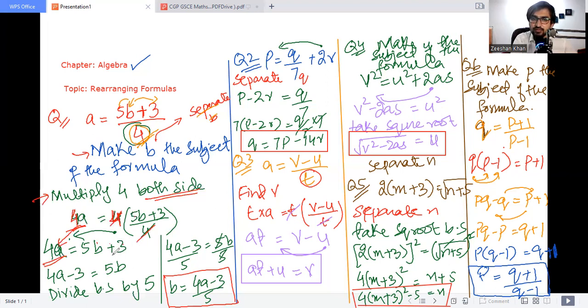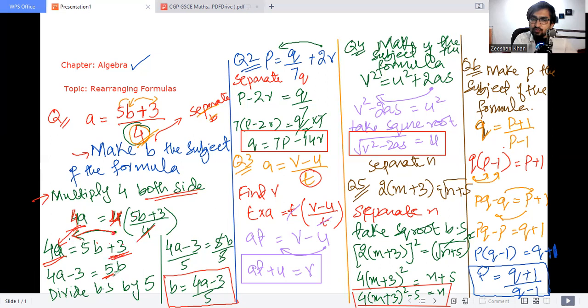Now it is the turn of this 3, to shift it and separate b. We will take that 3 to the other side of the equality. This is plus 3 here, so when we shift it to the other side, it becomes negative 3. So 5b is left on the right side and it becomes 4a minus 3 equals 5b. The next thing is to remove this 5 from b.